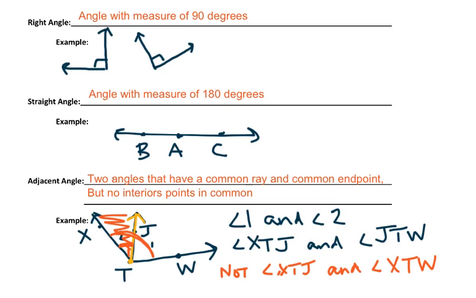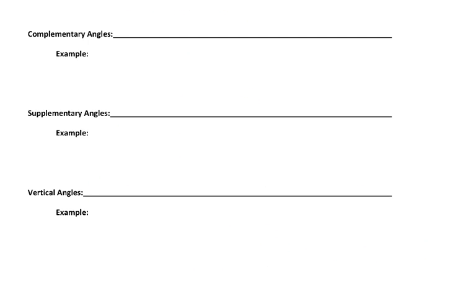Alright, let's move to the next page, and we have complementary angles. Complementary angles are two angles whose sum is 90 degrees. So we can have angles that have a measure of 20 degrees, and its complement is an angle that is 70 degrees.